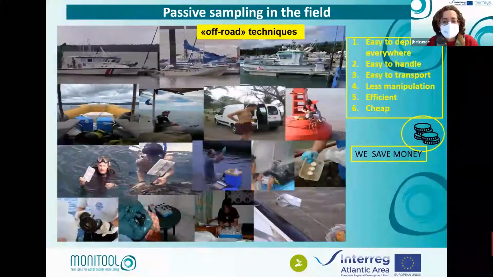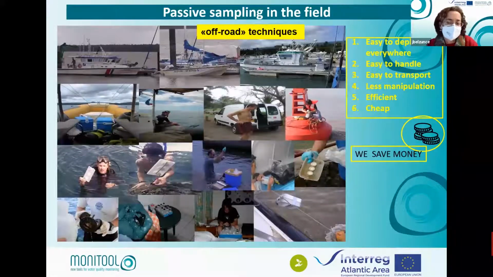Passive sampler techniques are like off-road techniques because we can go everywhere with them. They are little devices that we can put in boxes, easy to transport, easy to deploy everywhere, easy to handle, less manipulation, efficient, cheap. Again, because of that, we save money.